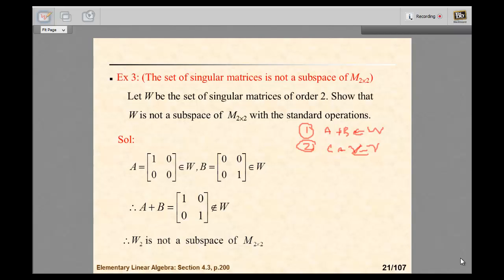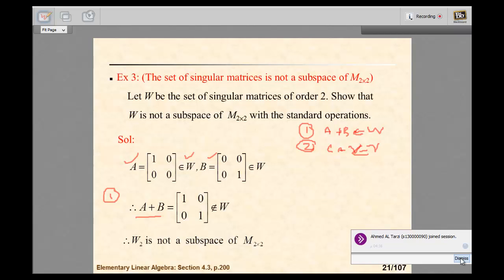We take two matrices, a matrix A that belongs to W and a matrix B that belongs to W. Let us check the first property. If we add A plus B, then 1 plus 0 will be 1, 0 plus 0 will be 0, and 0 plus 0 will be 0, and 0 plus 1 will be 1.